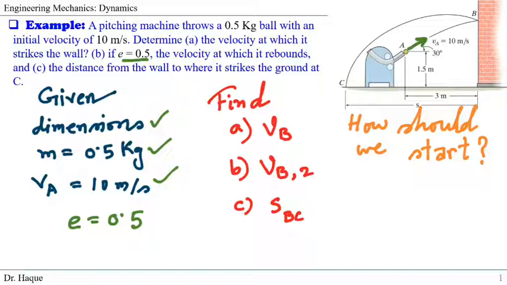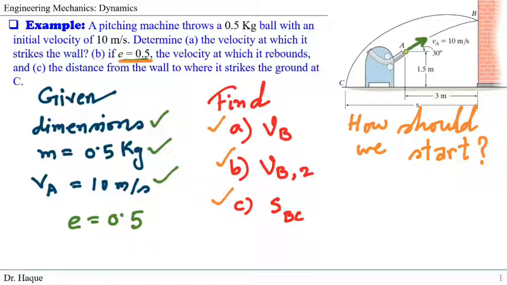So again, for this type of problem, when coefficient of restitution is given, you know that you have to use the concept of coefficient of restitution, and you know the equation from your book, but that is only used at part B. Parts A and C still can be solved by the concepts that we have learned in chapters 12, 13, and 14.